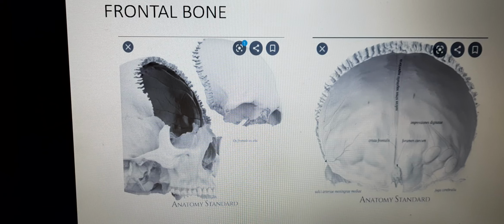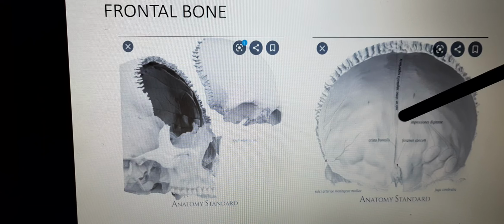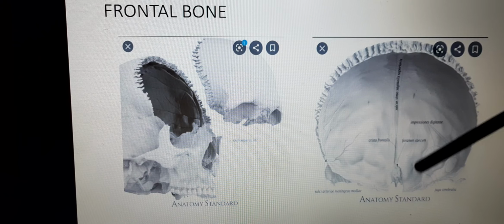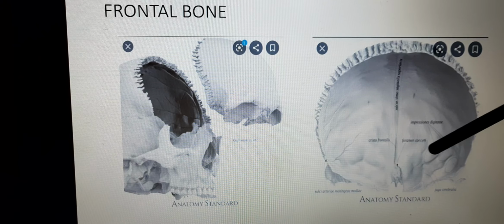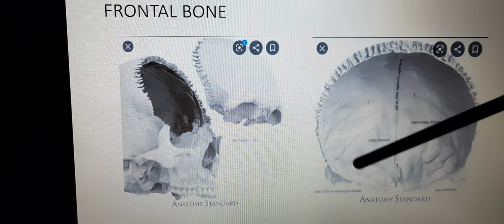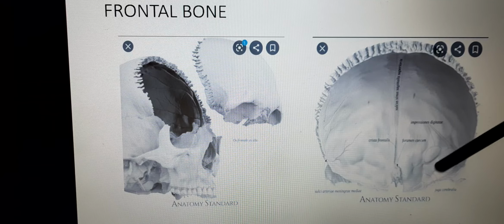Now you are seeing the internal surface of the squamous part of the frontal bone, and below, the cerebral surface of the orbital plate. You are seeing many impressions of sulci and gyri of the frontal lobe of the brain.